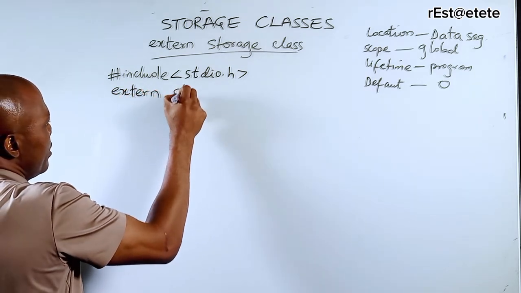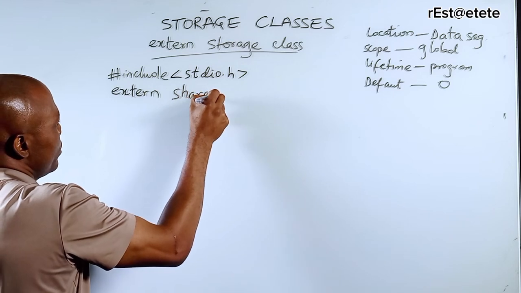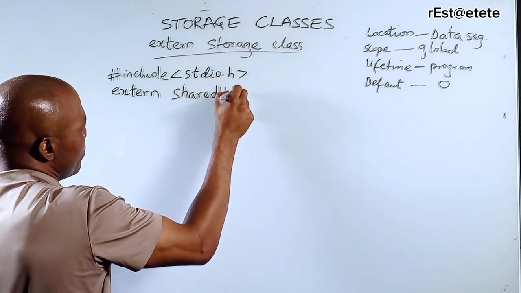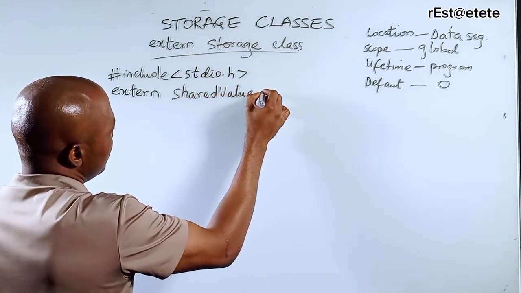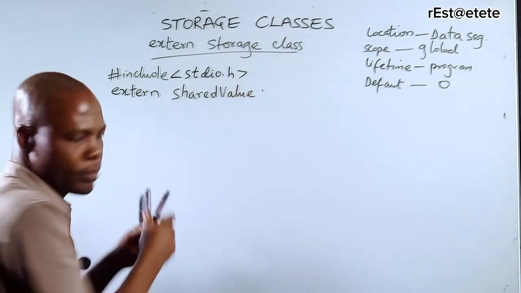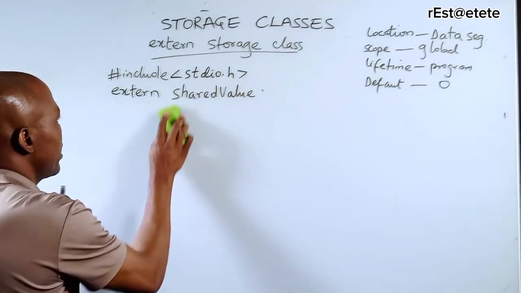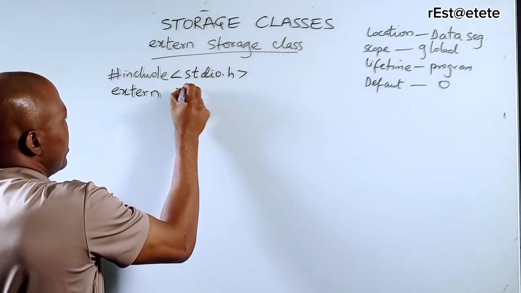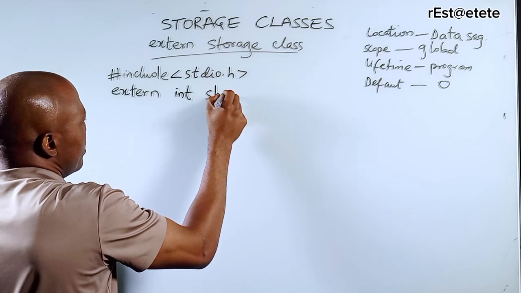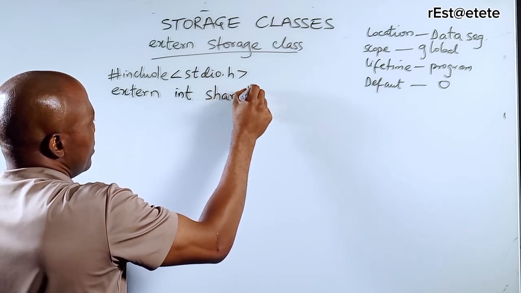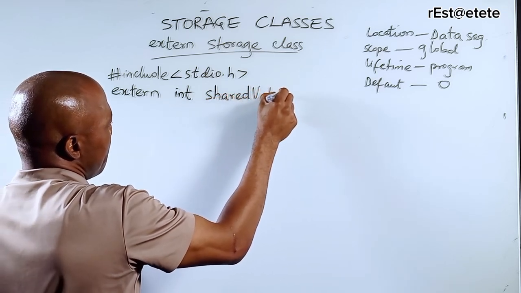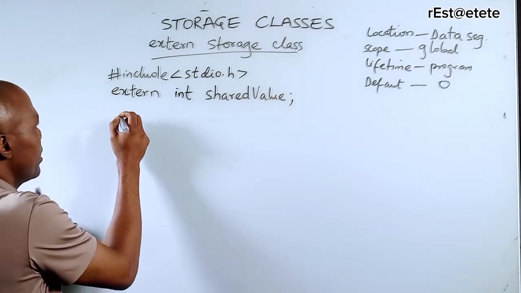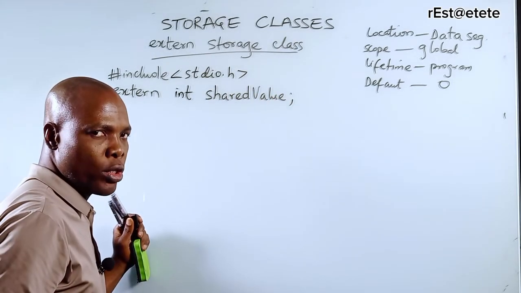I'll create the variable shared value, right? I'm declaring the variable, so I have to put the data type. So extern int shared value, right? Then I'm also going to create a function.